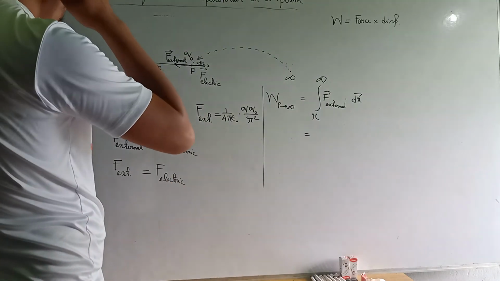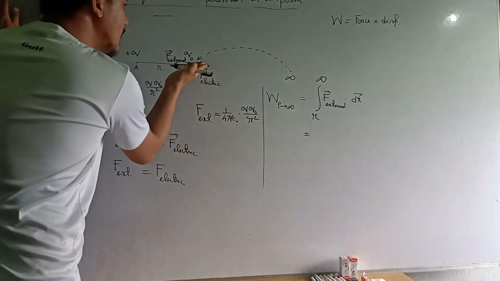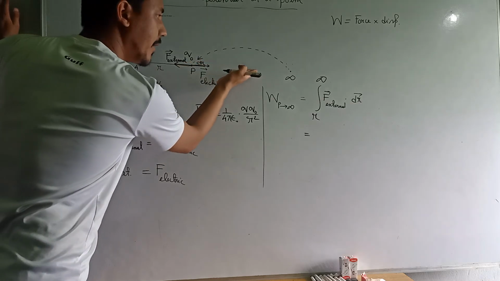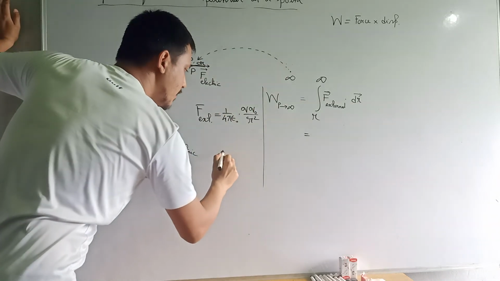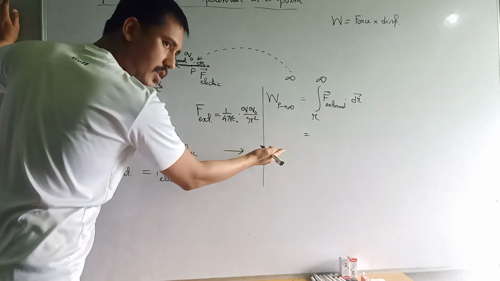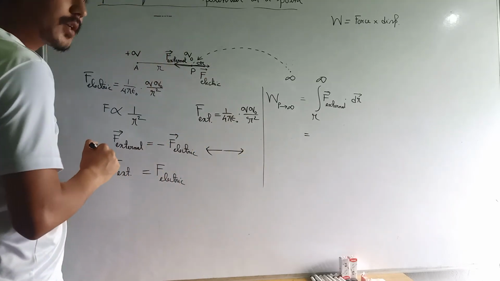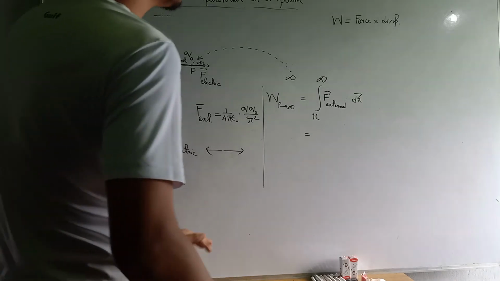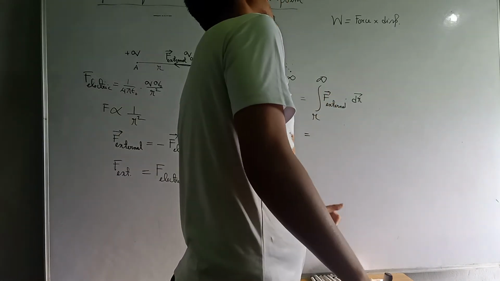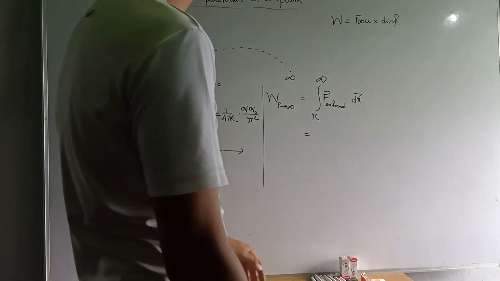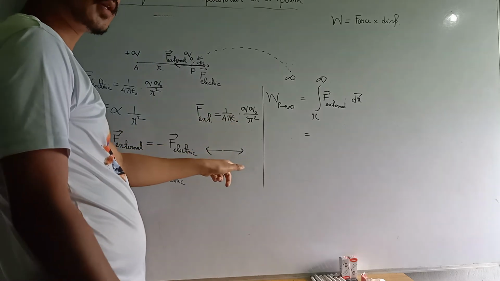Now you see, displacement dr is made along this direction, right? The force that you are applying is in this direction. So the angle between the force that you are applying and the displacement made is 180 degrees.